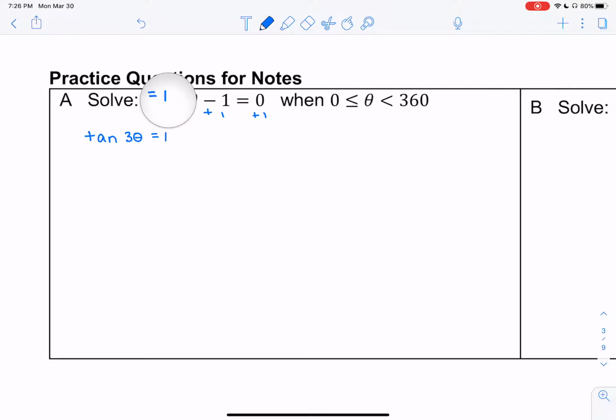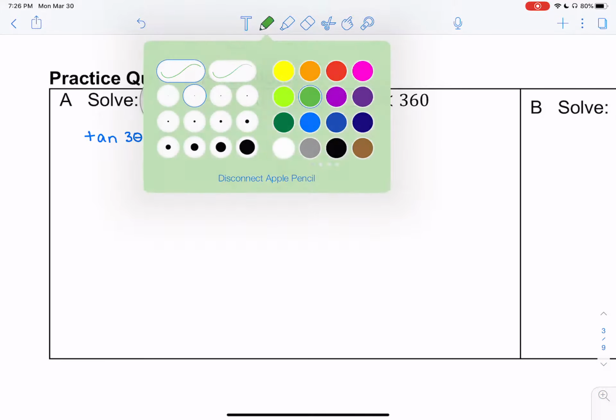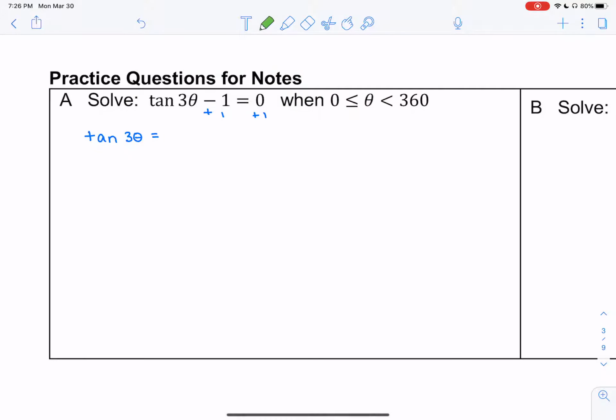Look on your trig circle for when that happens to take place. Before we do that, I need to mention that our domain setup over here, our limitation was for theta, that it has to be between 0 and 360, but we're actually looking for when it is 3 theta. And that changes things.